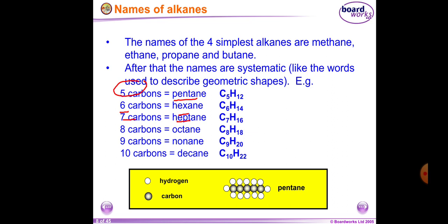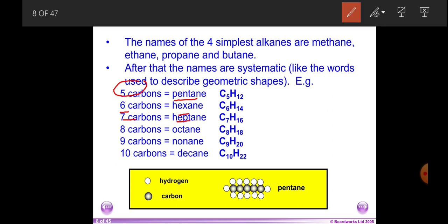So this is a specific way of coming up with your alkanes. You add 1 carbon and 2 hydrogens so that you can get the next member. If you add 1 carbon and 2 hydrogens to octane, you are going to get nonane.